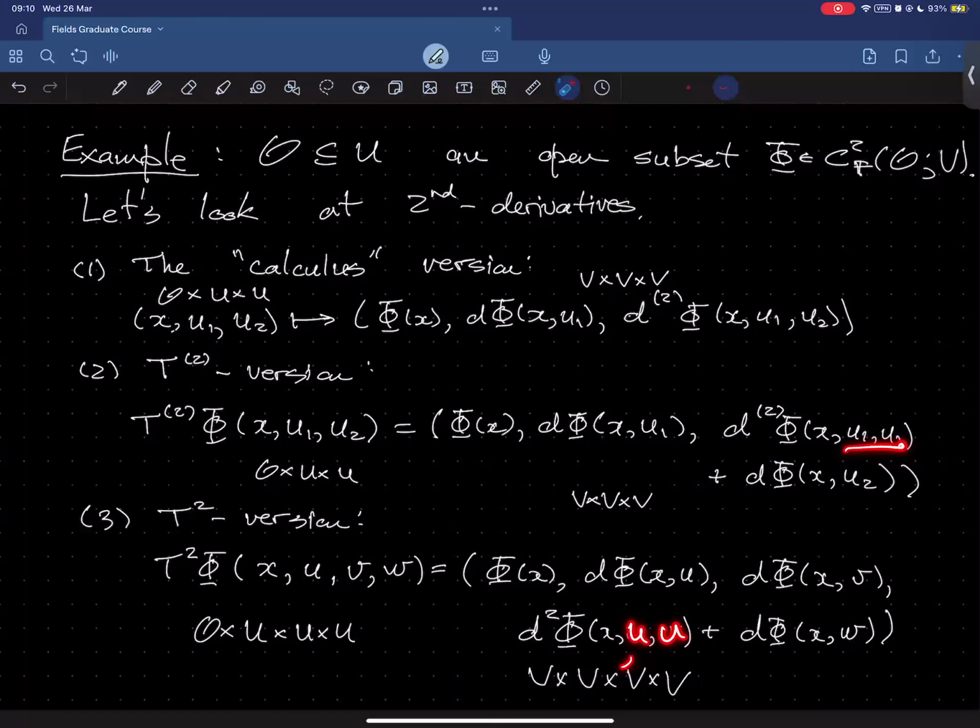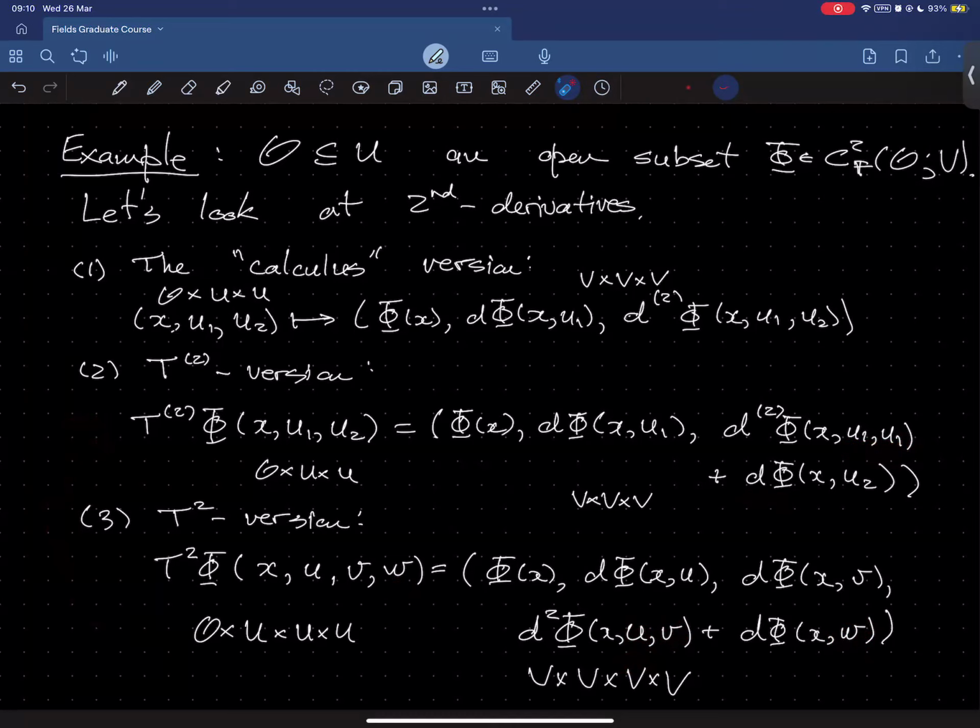You get a repeated thing here, just like you do here. And then you get a first derivative of phi with your extra vector. In this case, it's u2. In this case, it's w. And so you can see that there's really a nice emerging relationship between T2 phi and T2 phi, the different versions of T2 phi.